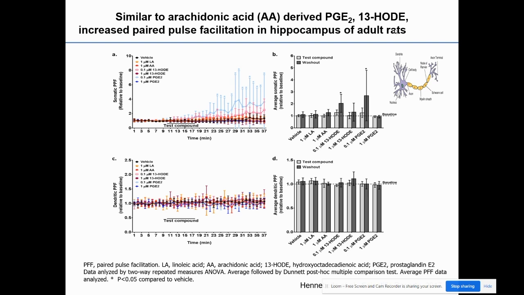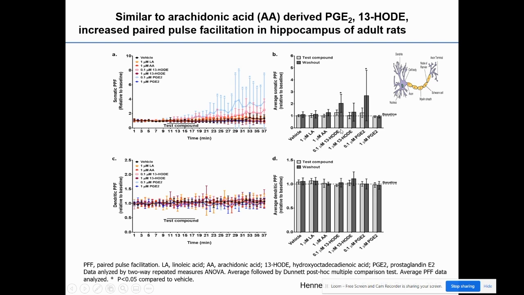It's actually also sold as a drug to induce labor. So PGE2 has been shown previously to regulate brain signaling. So we confirmed that in this graph. This is vehicle before adding PGE2, and this is after adding PGE2. So it increases what we call here paired-pulse facilitation, so neurotransmission.